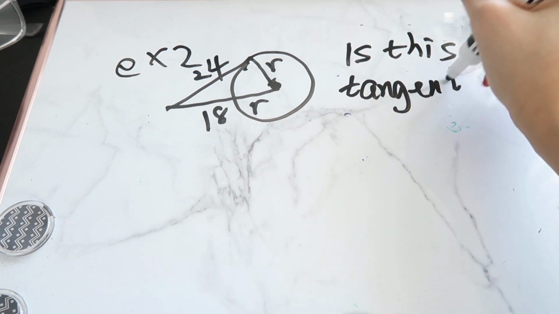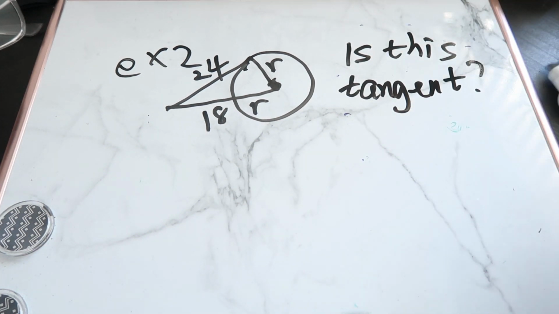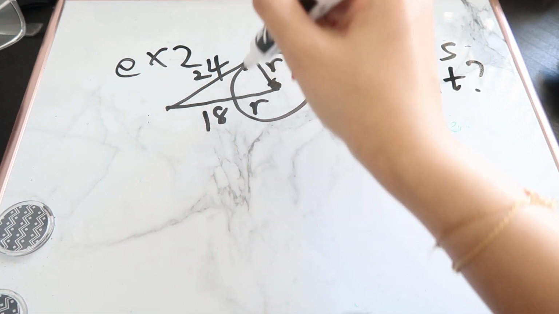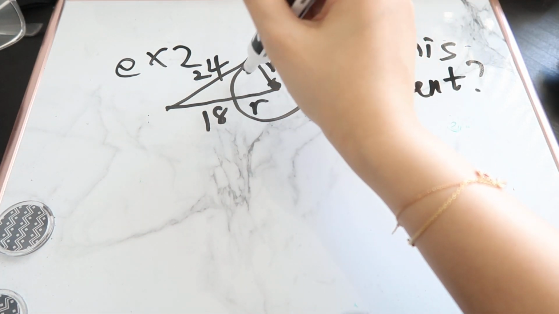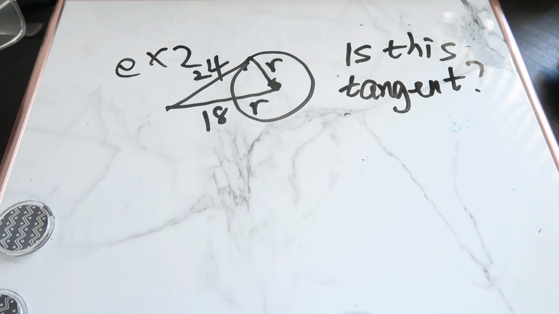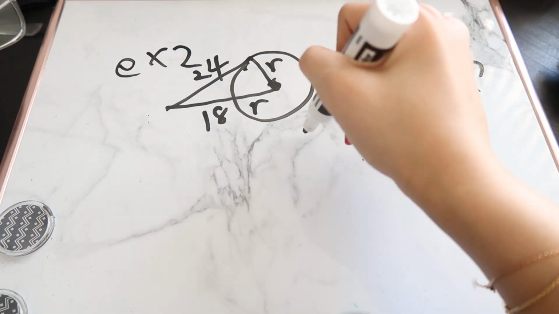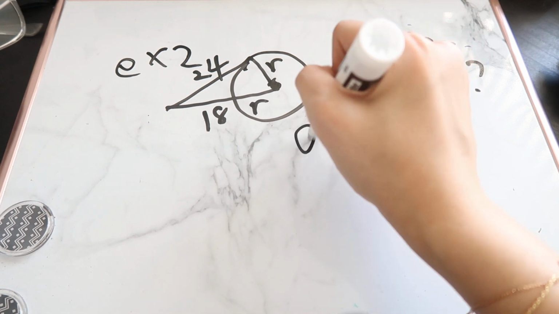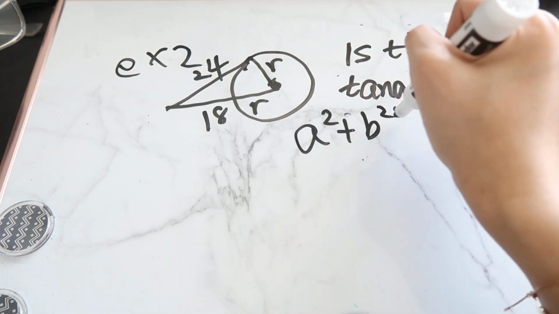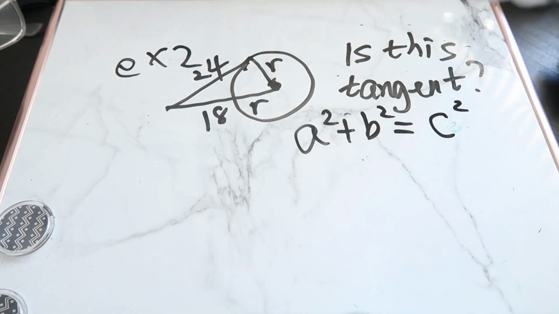So we are trying to figure out whether there is a right angle here. In order to figure that out, we need to use something we used to be very familiar with, which is the Pythagorean theorem. So a squared plus b squared equals c squared.